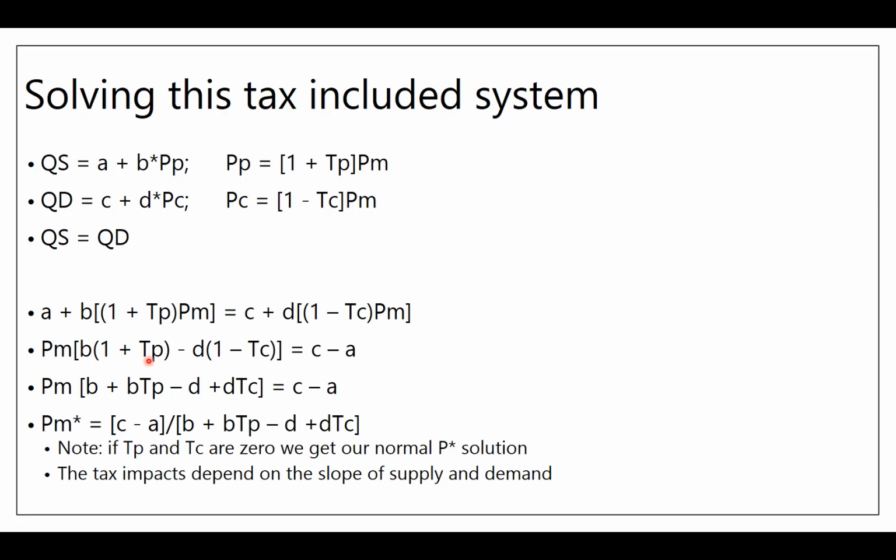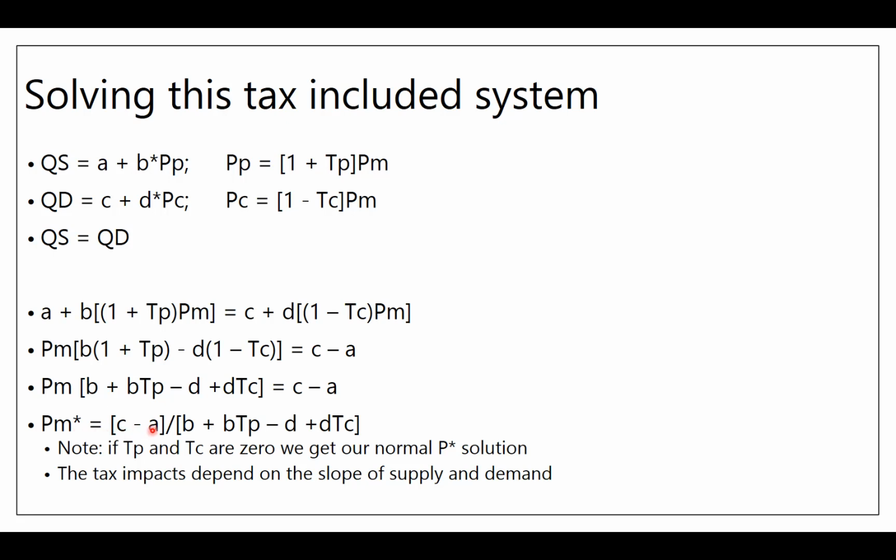That's essentially replacing what was the B coefficient, which is now not just B, but B times this tax effect, and then minus D times the tax effect is equal to C minus A. If you follow through, multiplying through here, you end up with this, and what we really need to do to solve this is put this in brackets and divide both sides, and that'll give us a solution for PM star.